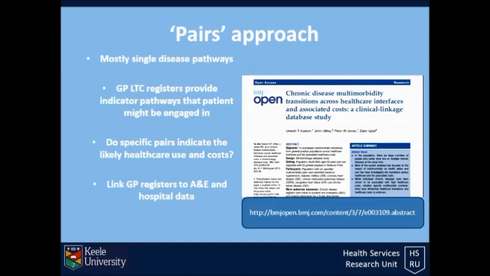We didn't want to develop a complex model. We wanted to test a simple way of looking at it. So we thought, shall we look at specific pairs and see whether these indicate the likely healthcare use and costs. We linked the GP registers to A&E data and hospital data for a 3-year time period.